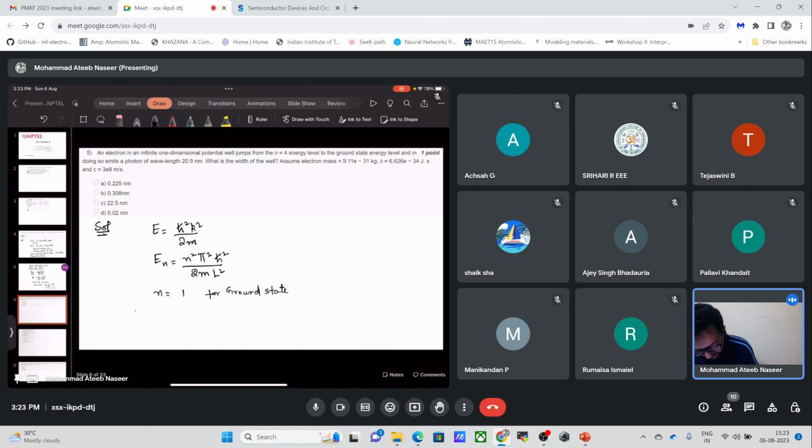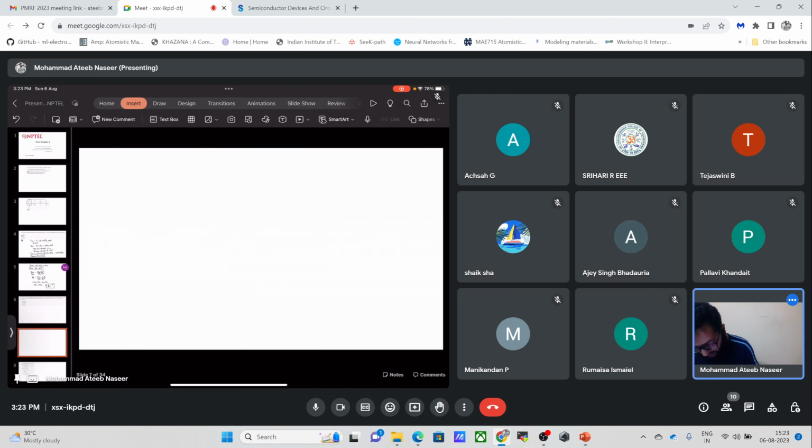If E4 is the fourth energy level energy, this will be simply equal to 4 squared pi square h bar square by 2m l square. And for E1, we will simply have 1 square pi square h bar square by 2m l square.